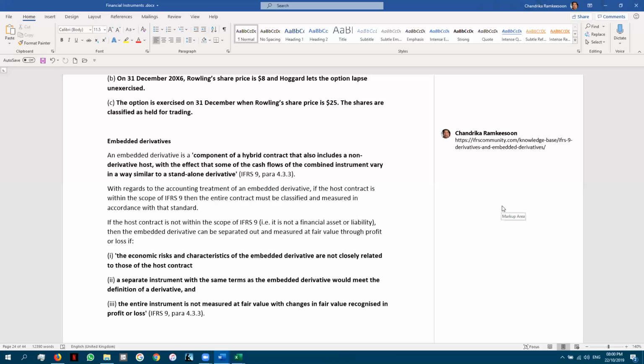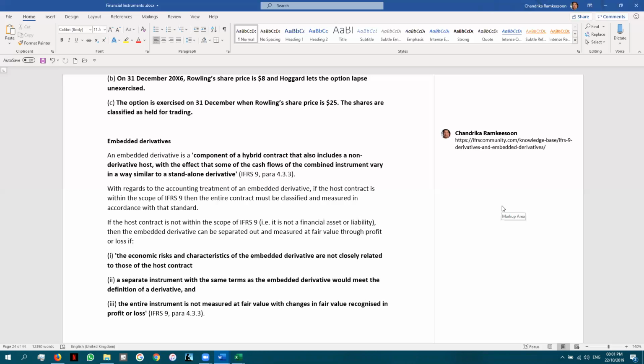So if the host contract is within the scope of IFRS 9, then the entire contract must be classified and measured in accordance with that standard. If the host contract is not within the scope of IFRS 9, that is, it is not a financial asset or liability, then the embedded derivative can be separated out and measured at fair value through P&L.